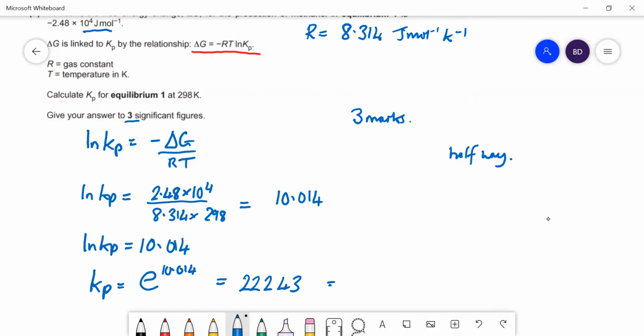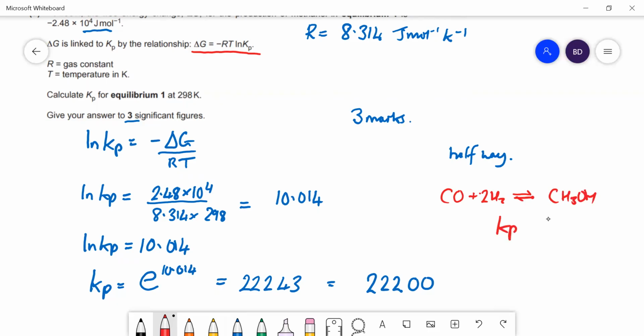So we should give that to 2200. And the units, well, let's write down the expression. For the equation, we had CO plus 2H2 goes to CH3OH.